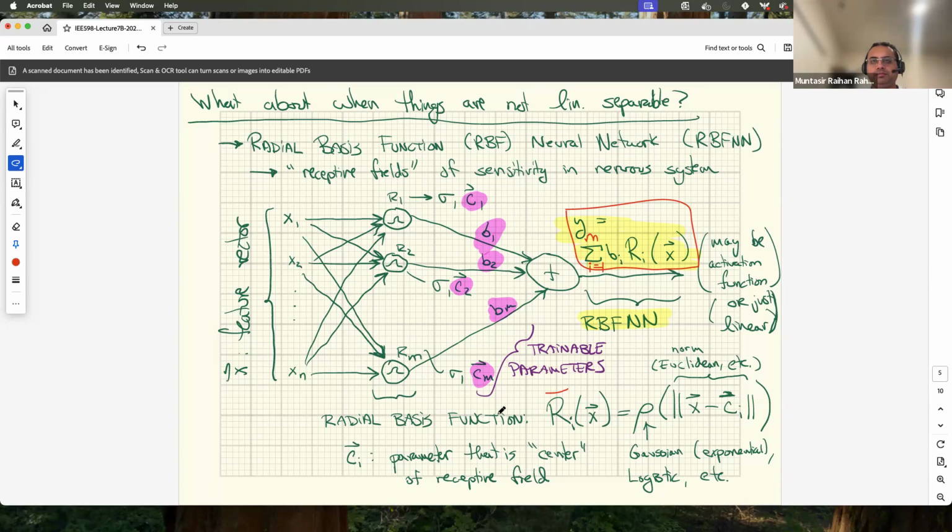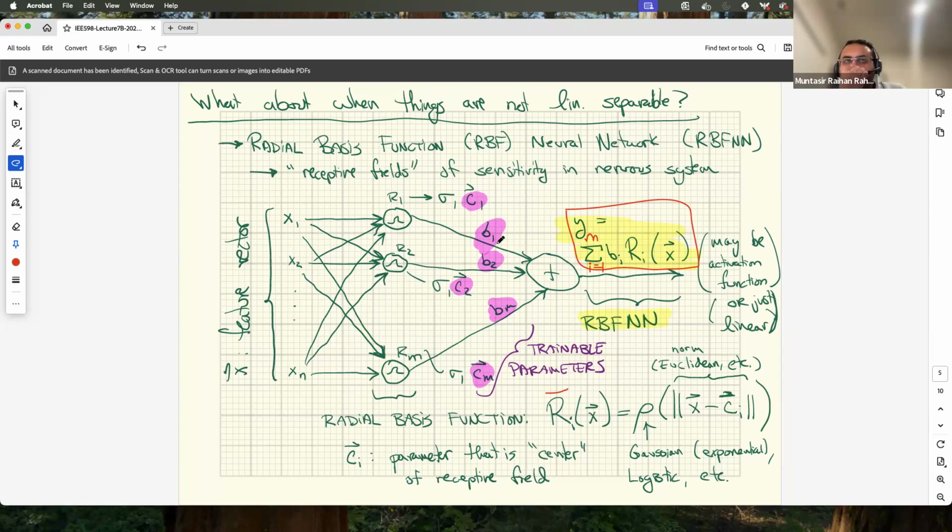And here, what are the trainable parameters of these functions? First of all, these weights on these edges are parameters that we have to train, and that can be done using a particular optimization formulation, or, as we will see in this class, we can actually find an exact formulation to learn these parameters.